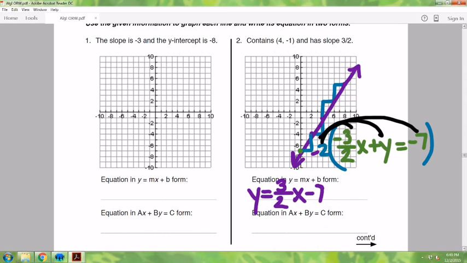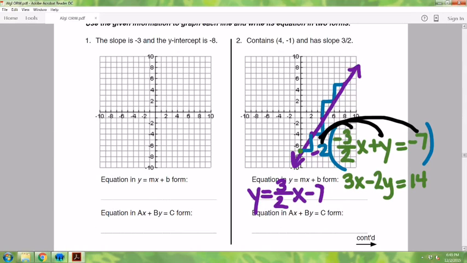That's going to clear the fraction and get rid of the negative. So when I do negative 2 times negative 3 over 2, that's going to become positive 3x. When I do negative 2 times positive y, that's going to be minus 2y. Negative 2 times negative 6 is going to become a positive 12.